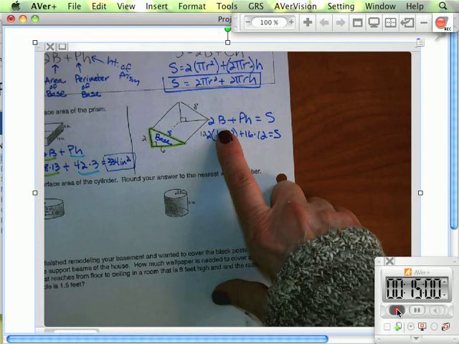Times the height, which is what? 5. Oh, all numbers. Just have to go to my calculator and do the math. And it's about 151 inches squared. Because you're rounding, because of pi. Pi goes forever, so you're going to end up rounding. So you have to put approximately. Okay?